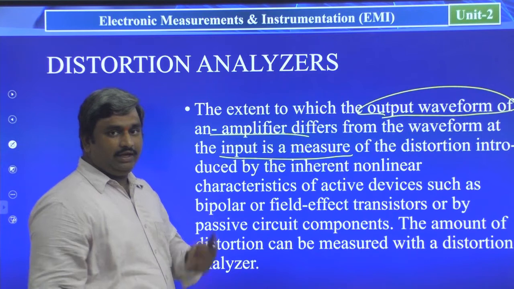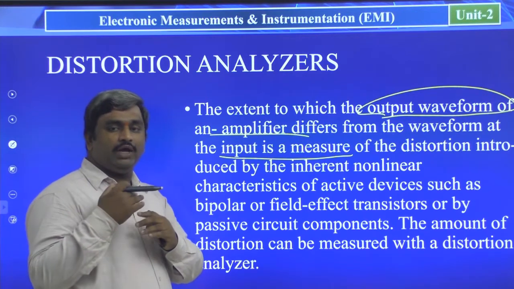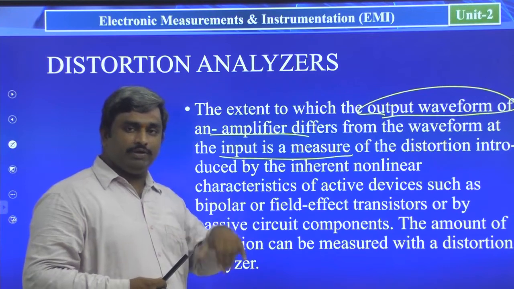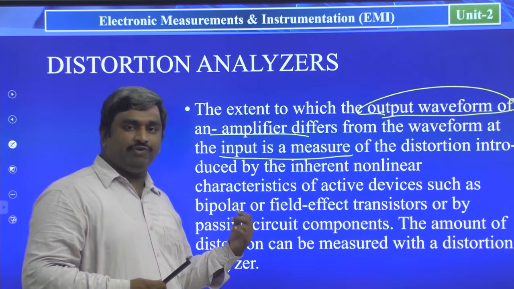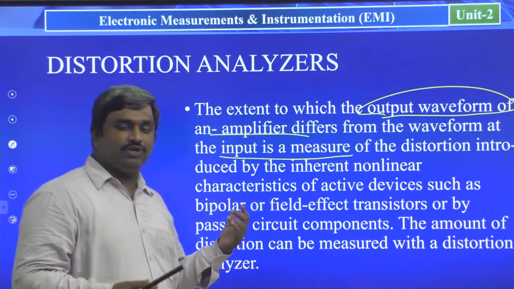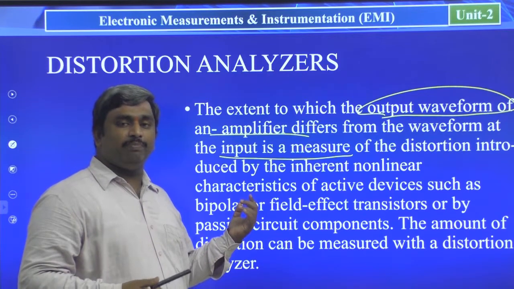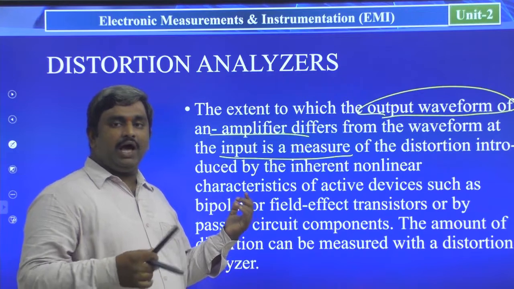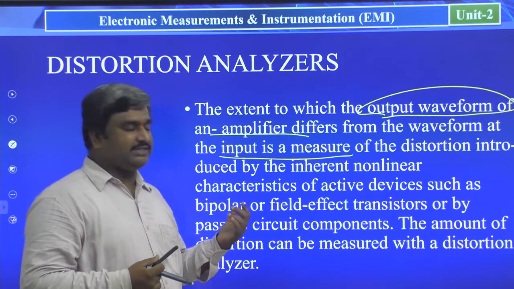So the distortions that differ from output to input are the parameters we measure in an amplifier circuit consisting of BJT transistors, field effect transistors, or any other type of passive components.